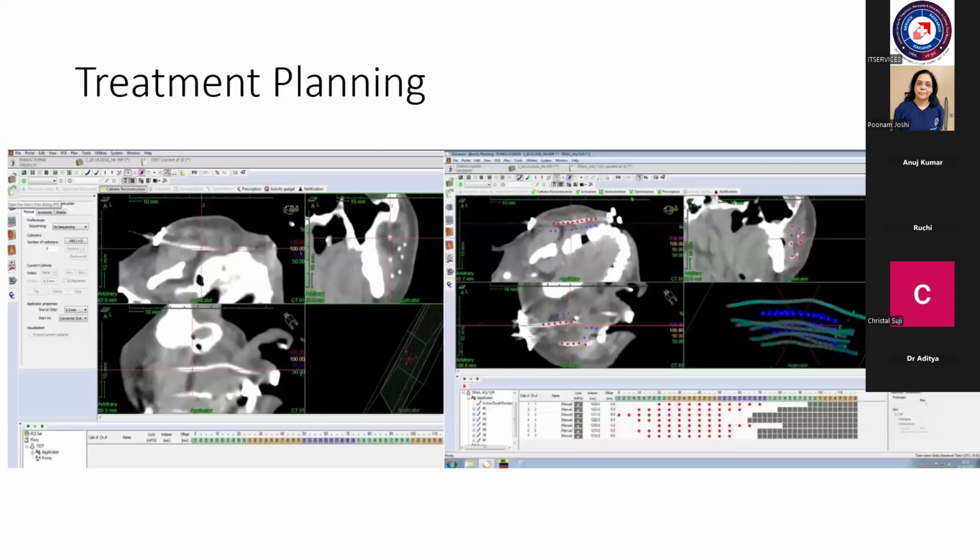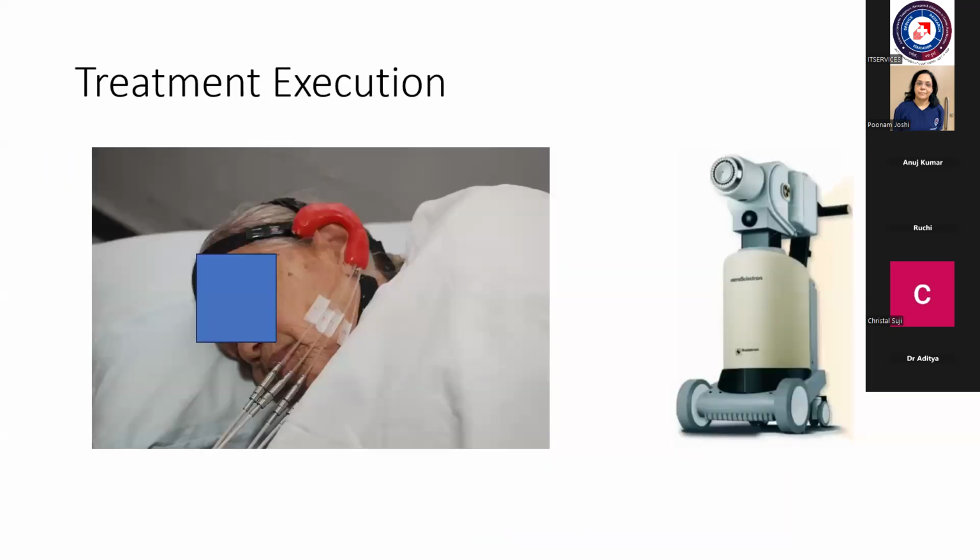I am not going into the details of the physics in planning, and we have Oncentra brachytherapy systems that are used exclusively for treatment planning in brachytherapy patients. And once we see that the dose distributions are good and the implant geometry is fine, we proceed with prescribing doses and then plan for treatment.